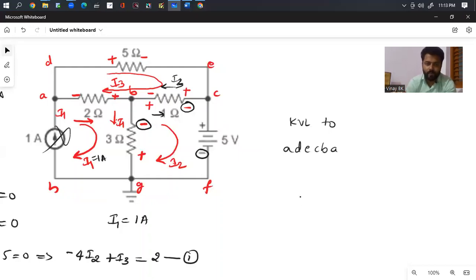I3 is flowing. I'll mark the polarities based on the direction of current: minus, minus, minus. I'll write the equation now. Minus 5 into I3 is flowing from D to E, E to C no current, C to B again minus, I3 minus I1.